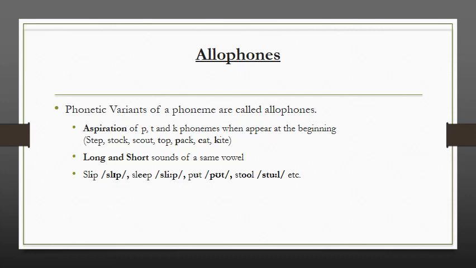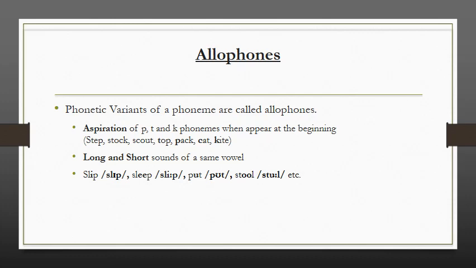For example, if we look at the first example, step, just try to speak step. The t is in the middle of the word, so it's not aspirated. Same is the case with stock. Stock has two sounds, t and k. Step also has the two sounds, t and p.